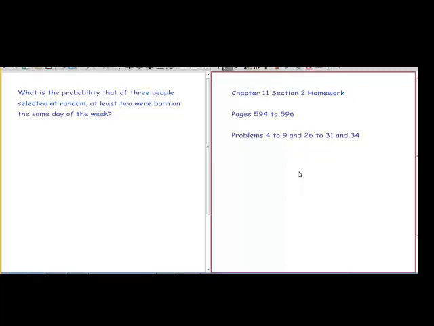What I'm looking for is you to actually write this out and do it, so you wouldn't have to have factorial if you didn't have it on your calculator. Not everybody's calculator has factorial. So make sure you know how to do it the long way. Show all your work.